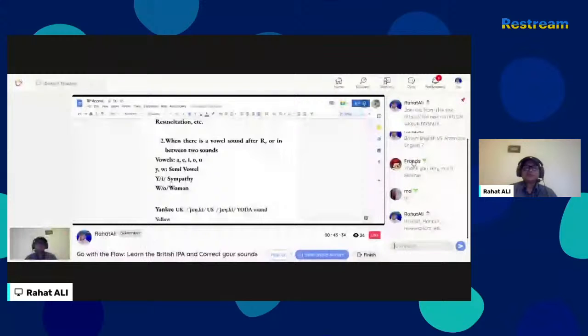So let's move on. Sometimes this Y sound is also called the yod sound, like Yankee, because in Latin or original English words, Y is always written like J, and Y can be replaced by J interchangeably sometimes.